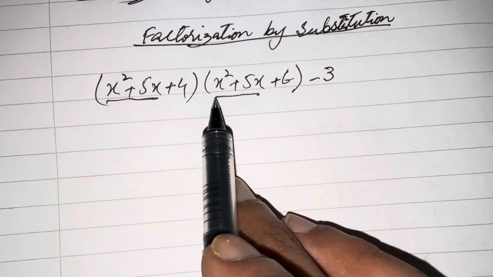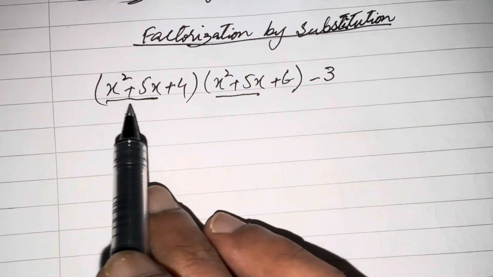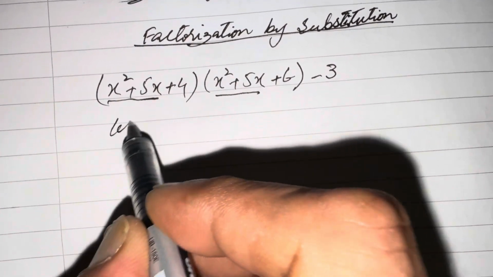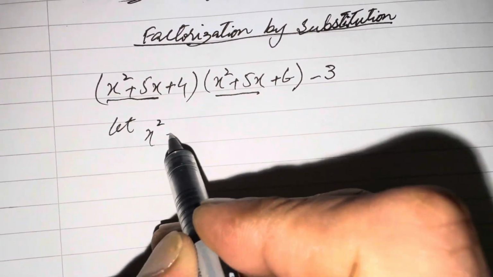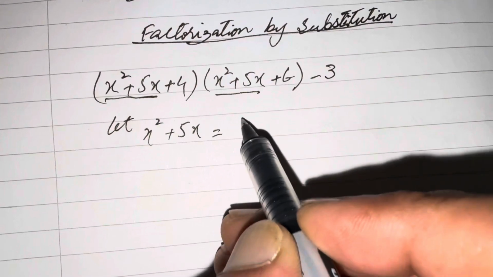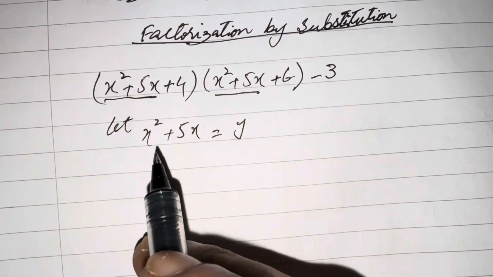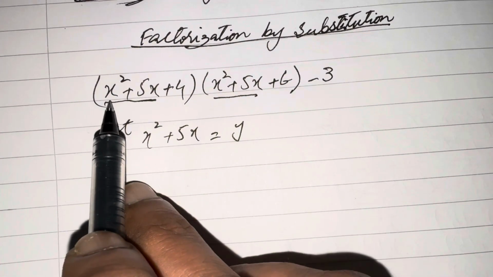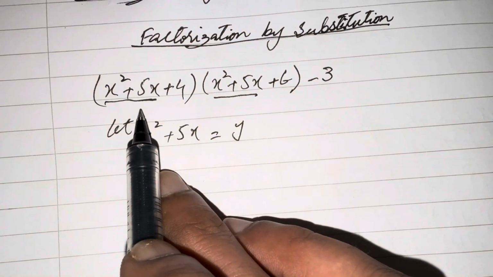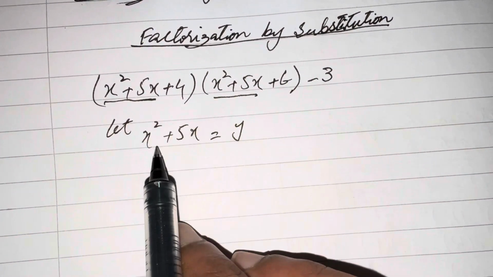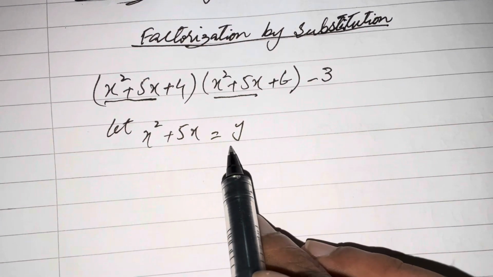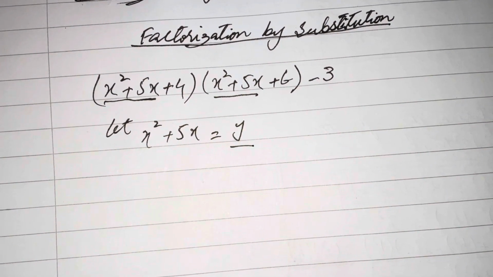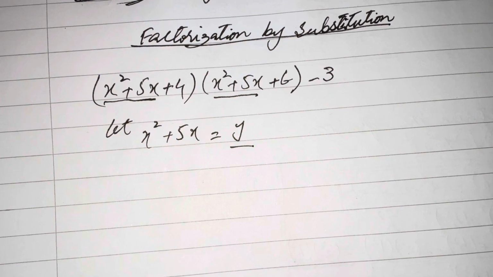So we are going to suppose, with any other variable, that these terms, we can say let x squared plus 5x is equal to y. इस तरह के क्वेश्चन में हमने क्या करना है, that if you can see the terms are same, you are going to suppose that the same terms equal y, or you can use any other variable, z, a, b, c, or l, m, n, p, q, r, anything.